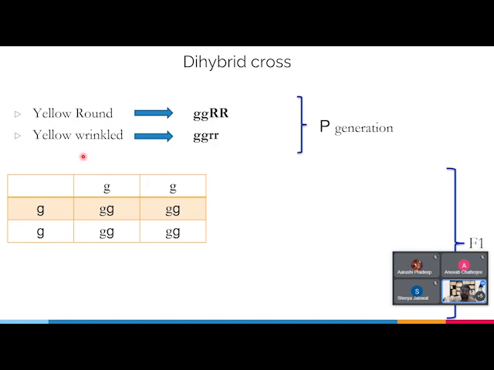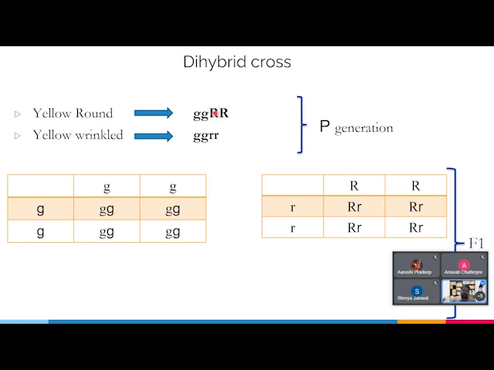Here we have the Punnett square for the colors. Since one parent is gg and the other is also gg, all of the offspring will be gg, homozygous recessive yellow.